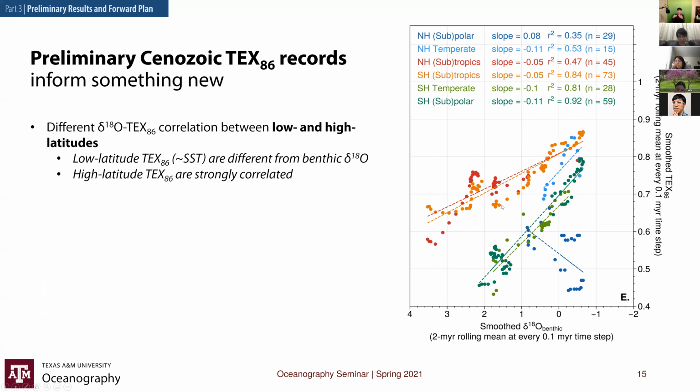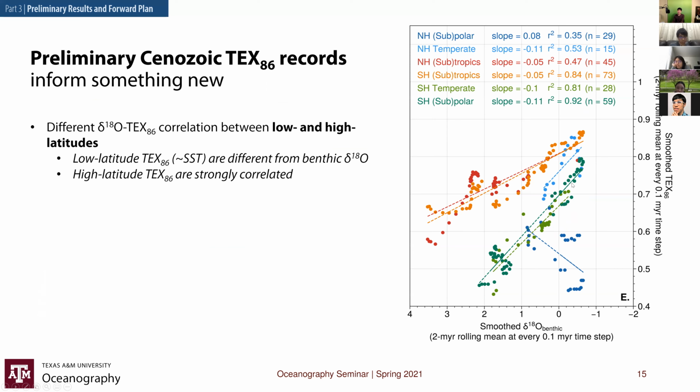If you remember, the warmer-colored data points represent the lower latitude regions, and the colder-colored data points represent the higher latitude regions. The first thing we can notice right away is a clear difference between these two regions.